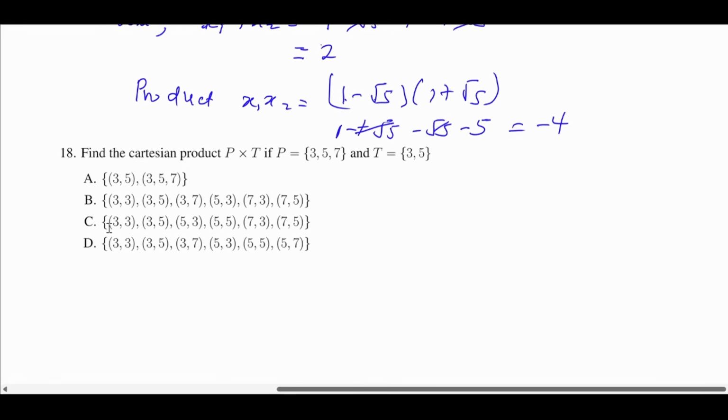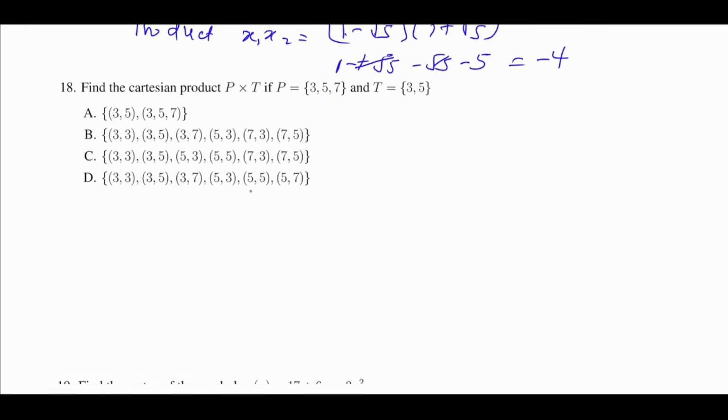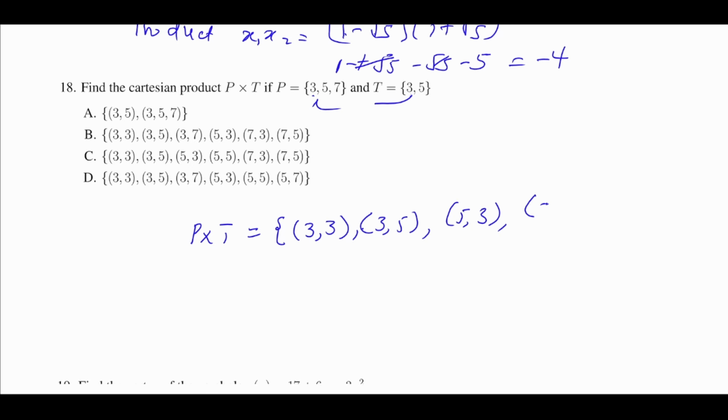Now we move on to question 18. Find the Cartesian product of P cross T. We are just going through the process where the first element should come from P and the second element should come from T. So P cross T is equal to 3 and 3, then 3 and 5, then 5 and 3, and then 5 and 5.